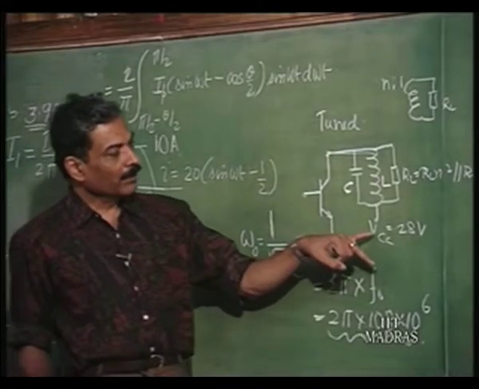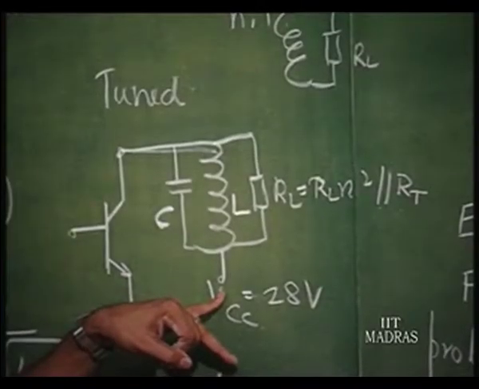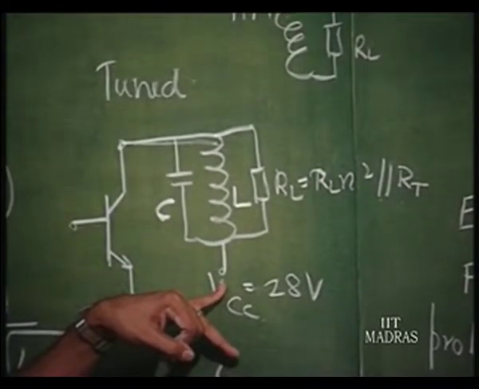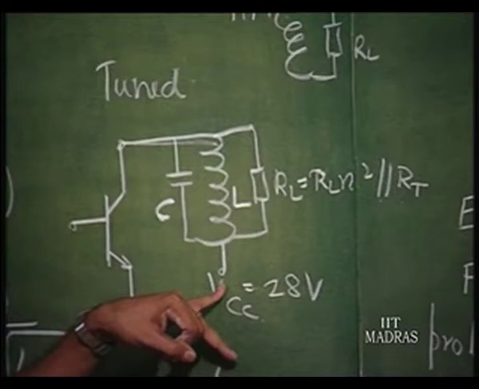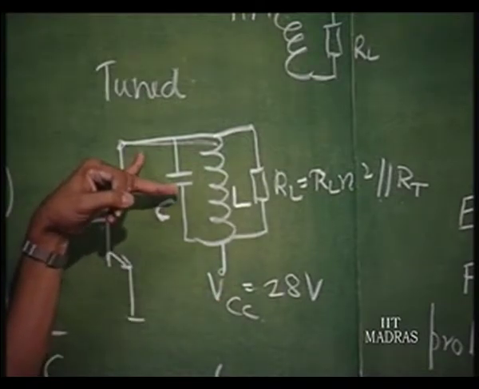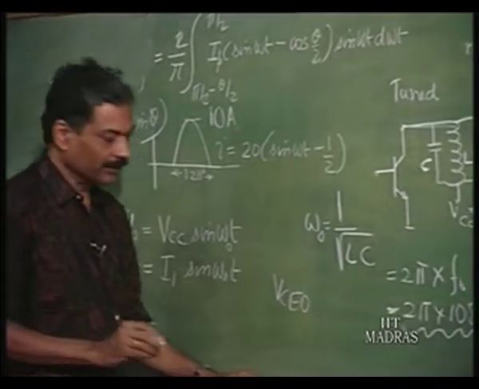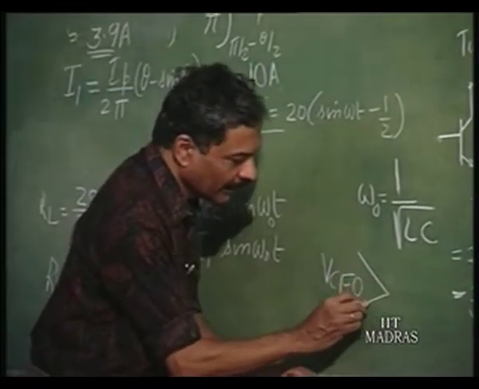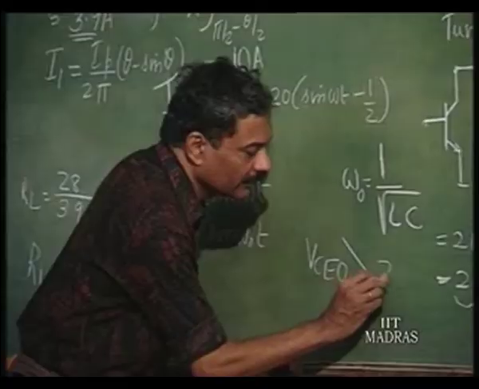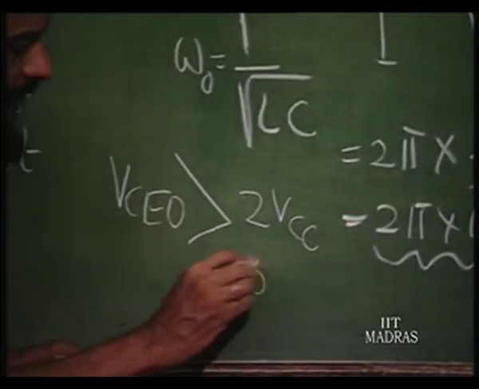Now, the voltage on the other hand swings, we said, by an extent VCC on either side. So, this will go up to twice VCC, and therefore, the VCEO rating of this transistor should be greater than twice VCC, which is in this case equal to 56 volts.